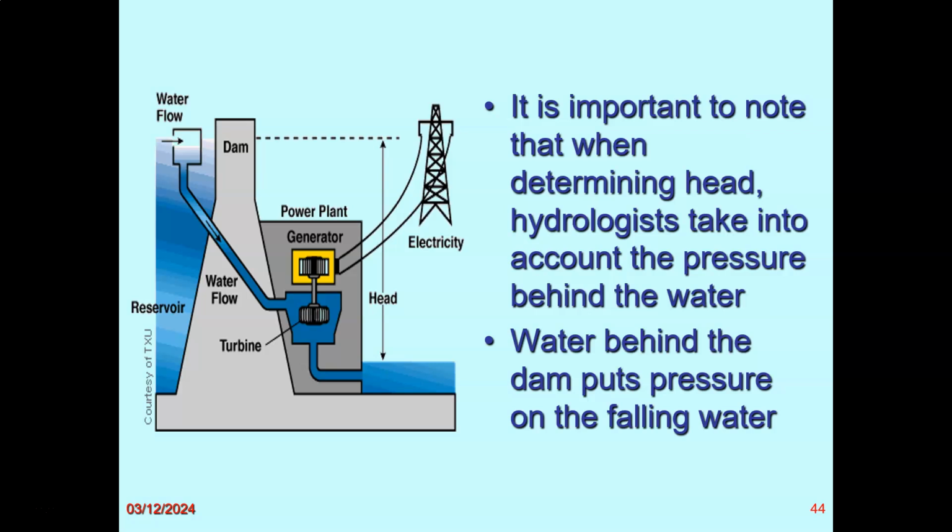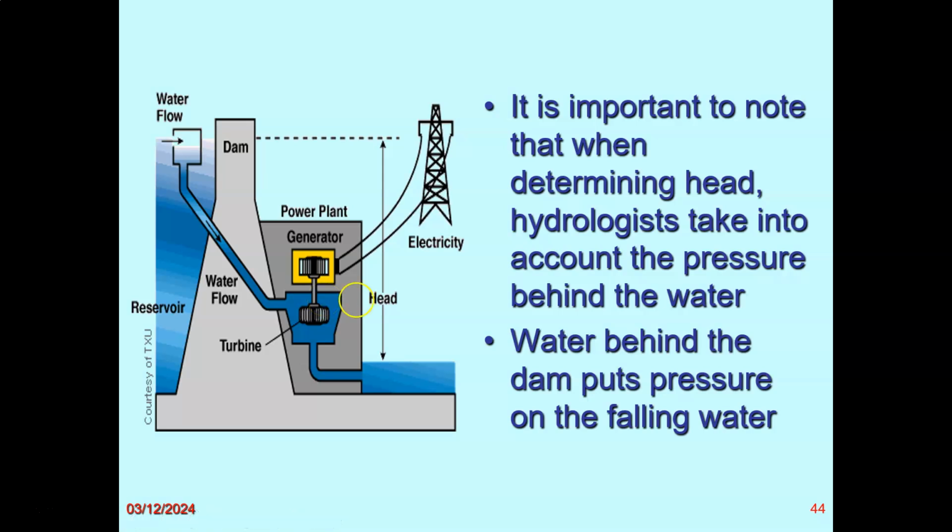Normally, when you need to install a hydroelectric plant, you need to investigate the best position, the best place for installing. It's important to determine from the hydrologist the height and the amount of pressure, because the height determines the quantity of water flowing through the dam and then the generated power.